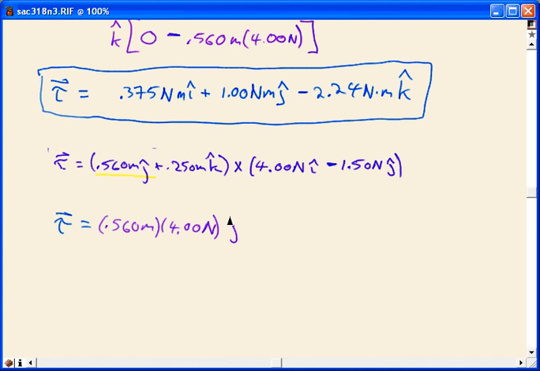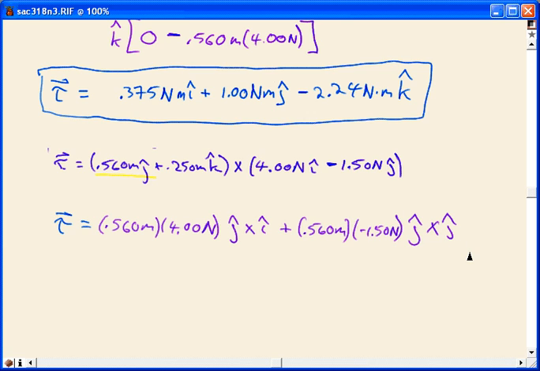That's what I want to write down, the j crossed into i right there. And then plus, I have this one times this one, which will be 0.560 meters times a negative 1.50 newtons, and times j cross j.